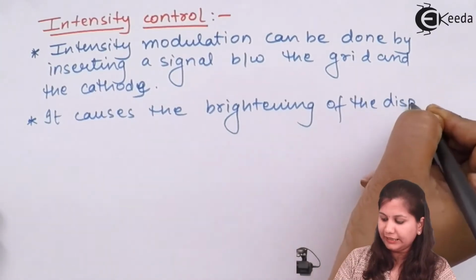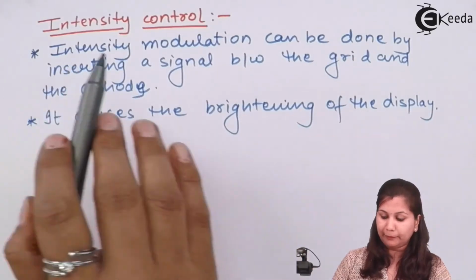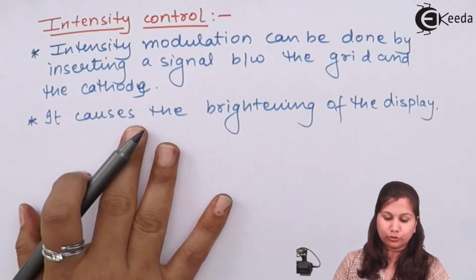So the intensity or brightness of the display spot can be controlled by inserting a signal between the control grid and the cathode.